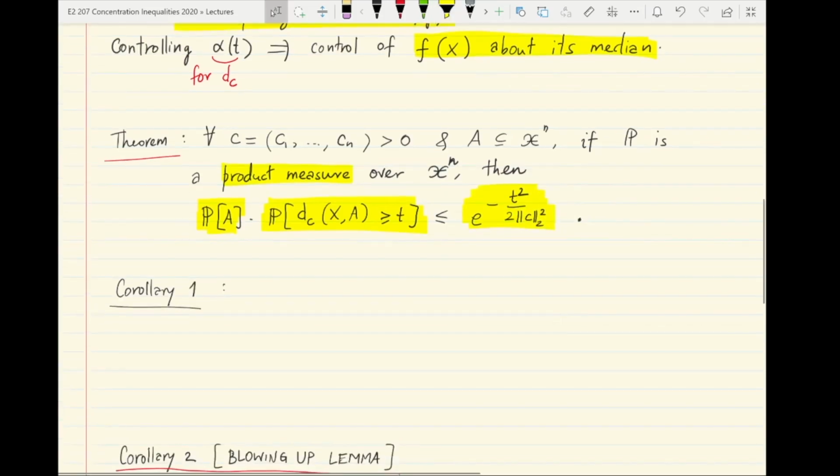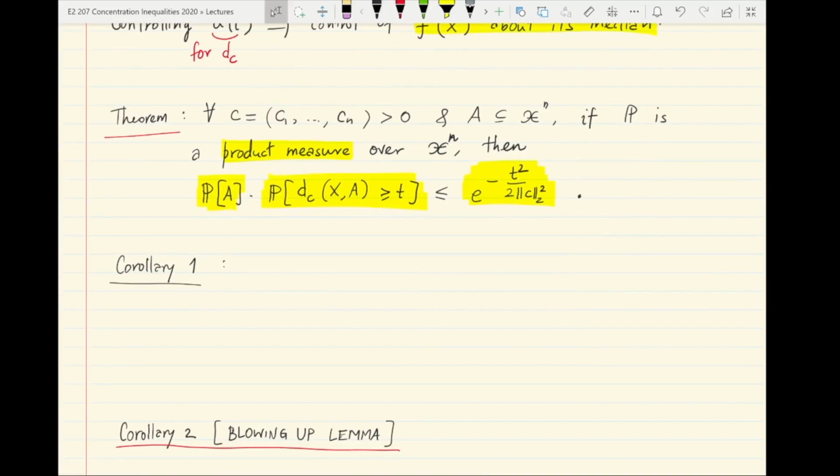Okay, and if we assume this theorem, it has some interesting corollaries.